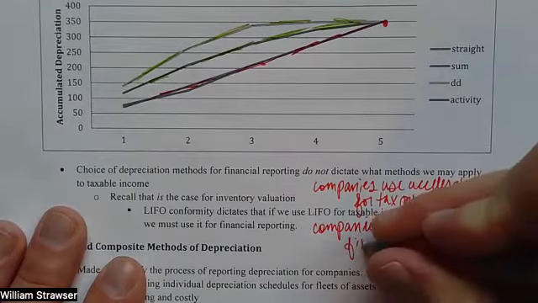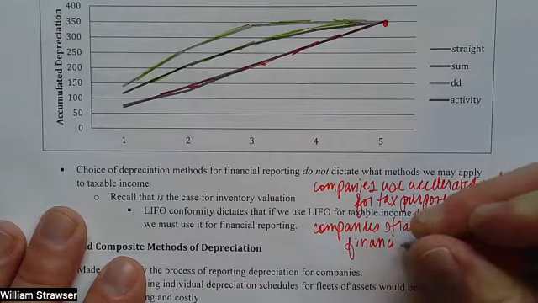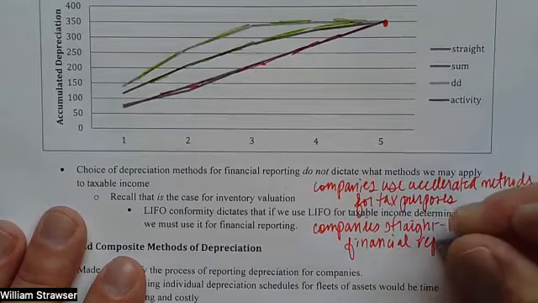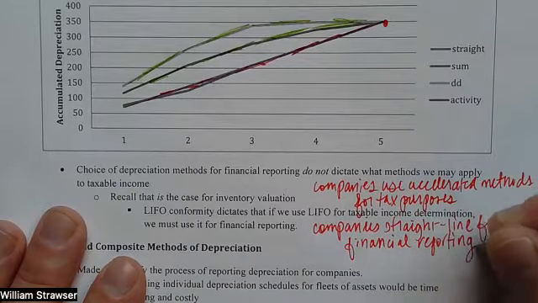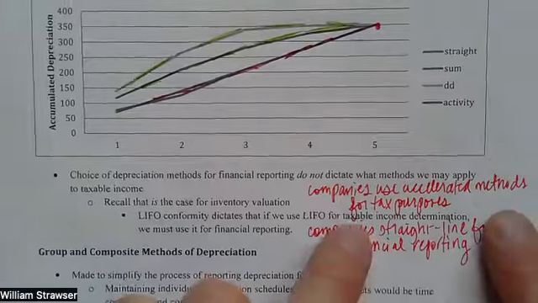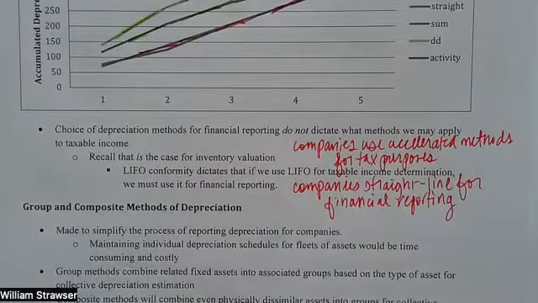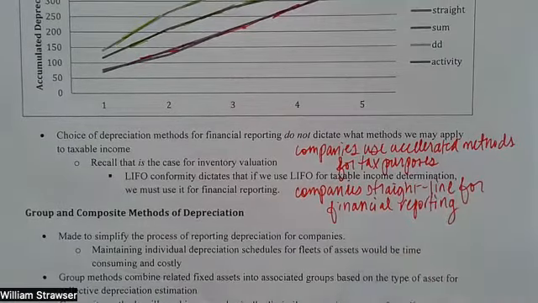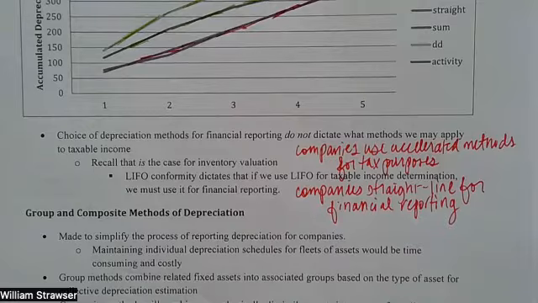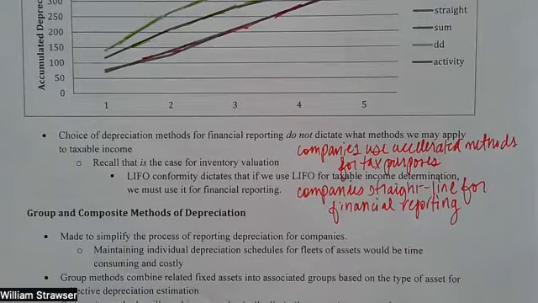So they're allowed to have that rapid tax deduction with the accelerated methods, and they're able to have less of a volatile impact on their income reporting for financial reporting. So they get basically the best of both worlds.